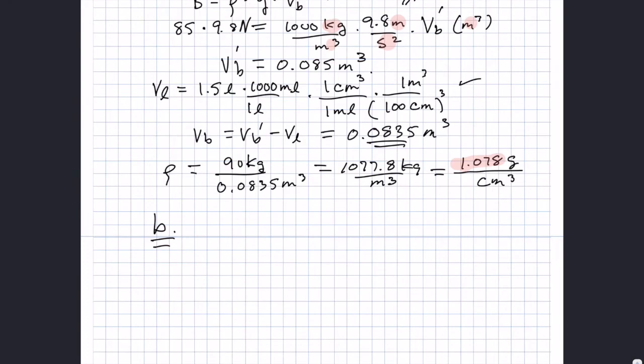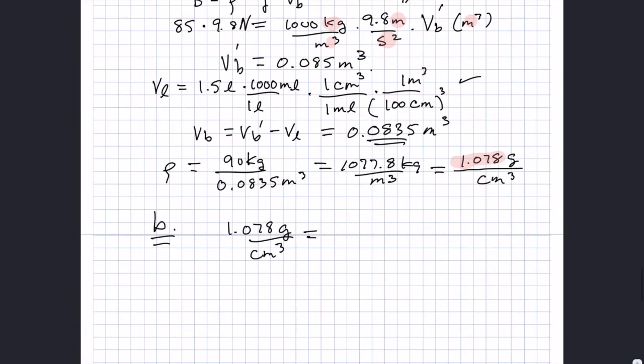I'm not so much caring about this being on the exam, but I wanted you to know how to think about this. We know that the overall density is 1.078 grams per cubic centimeter. Okay, so if we were wanting to find the body fat percentage, and we knew that fat is 0.9 grams per cubic centimeter, and that would occupy a certain percentage of the body, okay, we'll call that X. So X equals body fat.